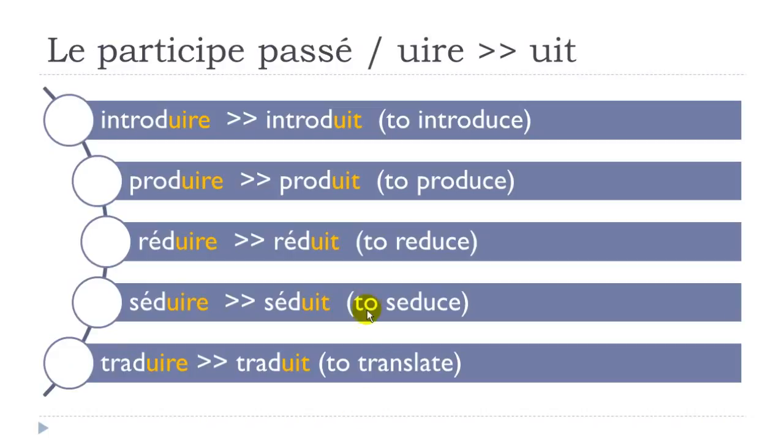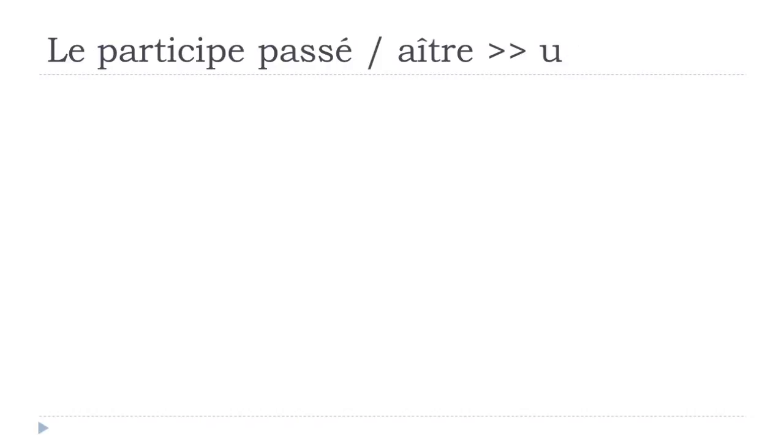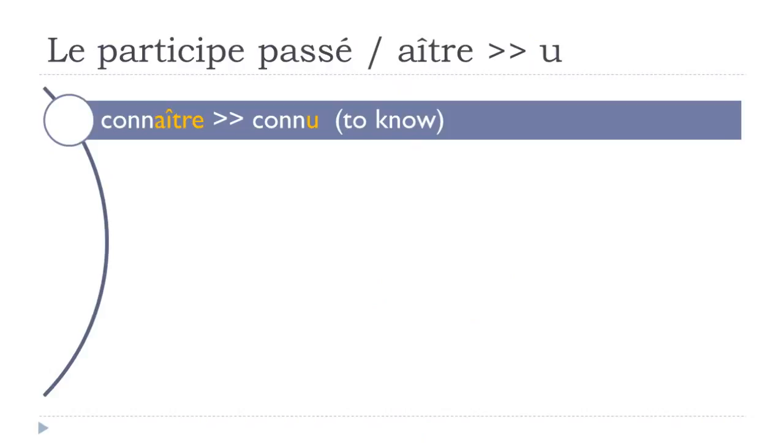The same rule because basically it's the same group, so final T not pronounced: introduit, produit, réduit, séduit, traduit. Another group of verbs, verbs ending with A, I, accent circonflexe, T, R, E, and it will become U.